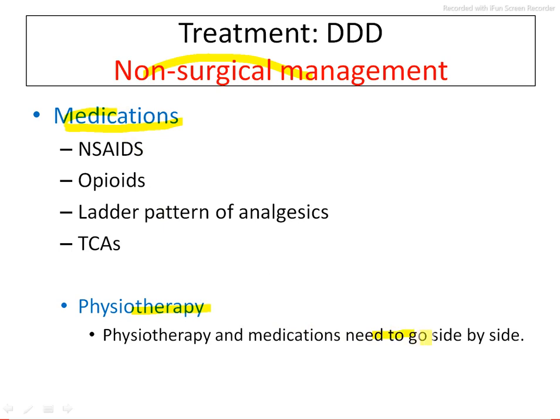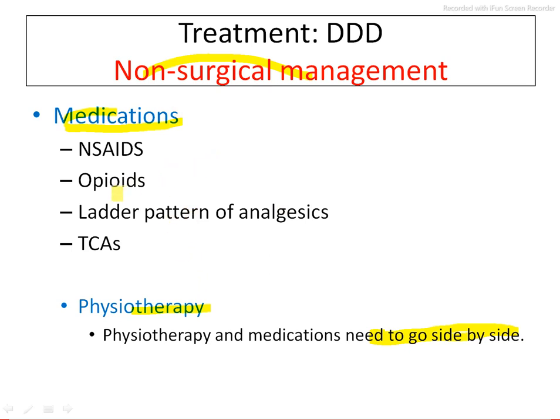Both need to go side by side for maximum patient outcome. Medications alone can't help and physiotherapy alone will not help in an utmost way. For better prognosis and outcome, they need to go side by side.